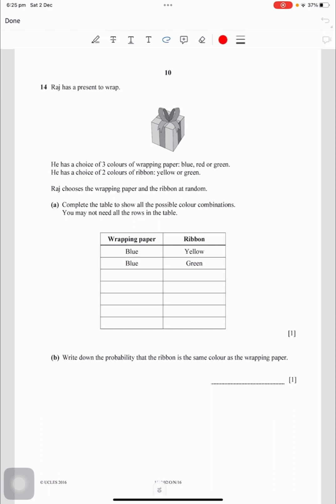Okay. For wrapping paper, he has the option of blue, red, and green. And for ribbons, he has yellow and green. So now we have to make the combinations. They have done 2 for us: blue, yellow and blue, green. Next we can do red, yellow, so red wrapping paper and yellow ribbon. And we can do red, green. Then we can do green, yellow.